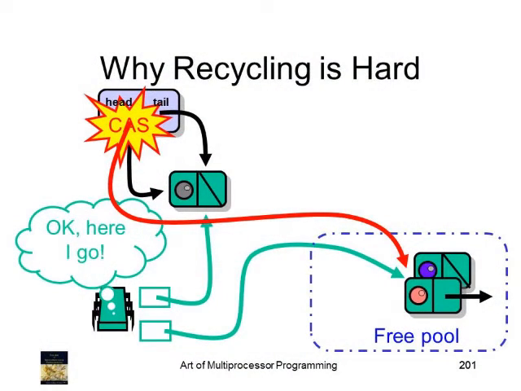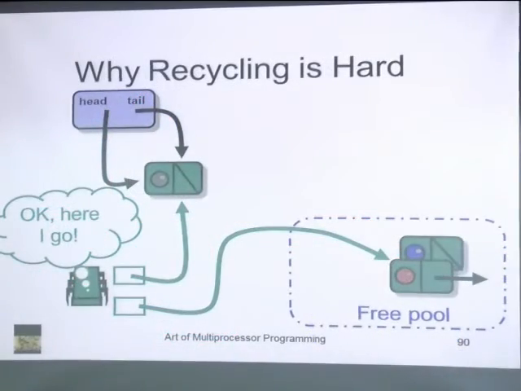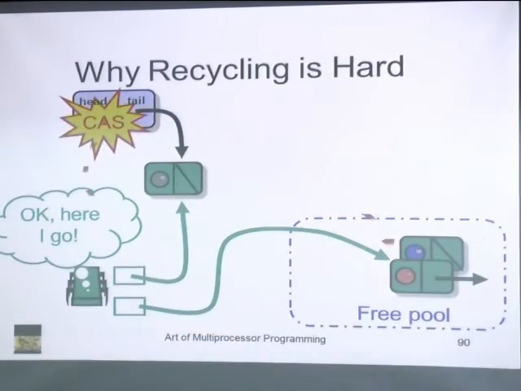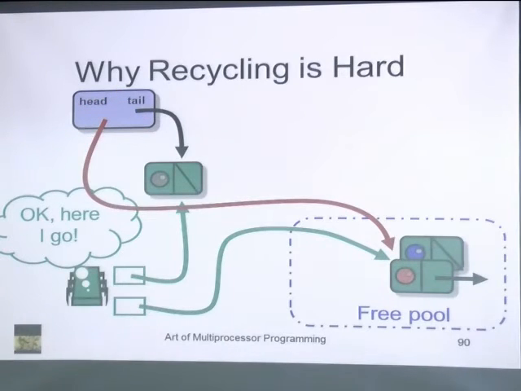And now the thread wakes up and says, oh, where was I? Oh, yes, I was about to do a compare and swap. And it does the compare and swap, and in fact it succeeds because the pointer value that it presents is actually the one that it expected. What it doesn't know is that the meaning of the data that it points to has changed because we recycled the data.